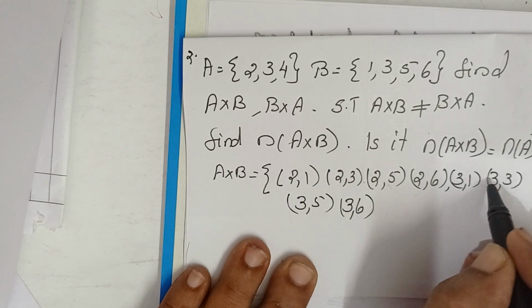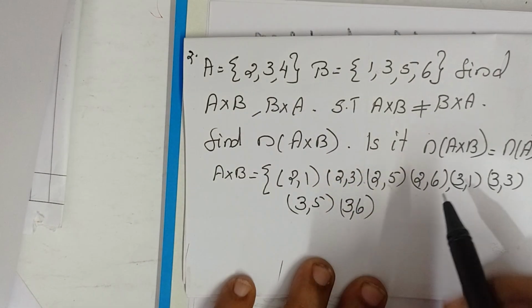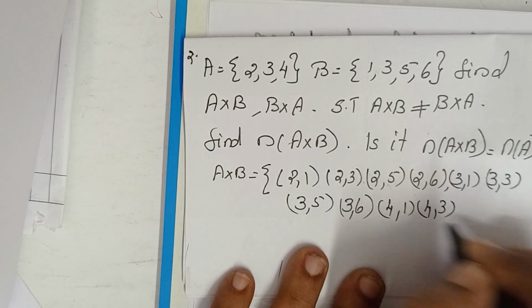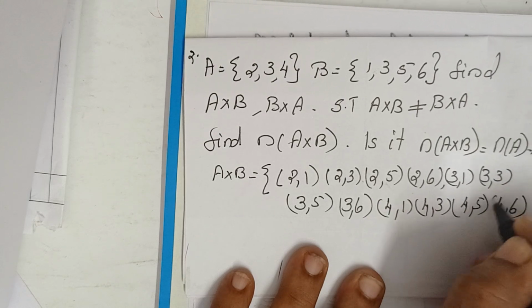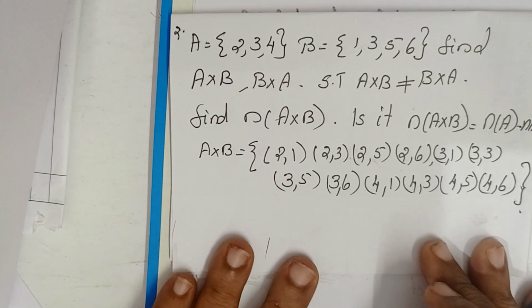Here we take 3 as the first component. Then there is one more element in A, that means (4, 1), (4, 3), (4, 5), (4, 6). This is the answer, and you close the set notation also. That is A cross B.